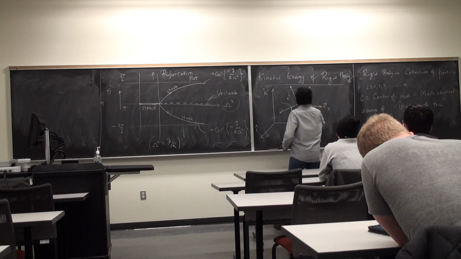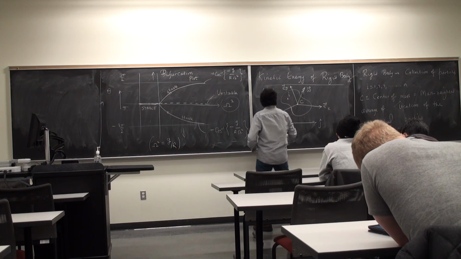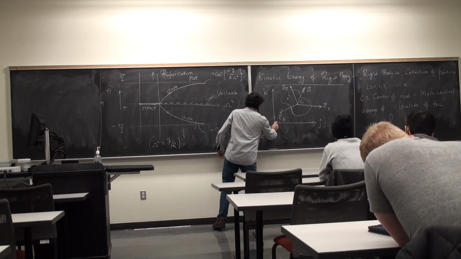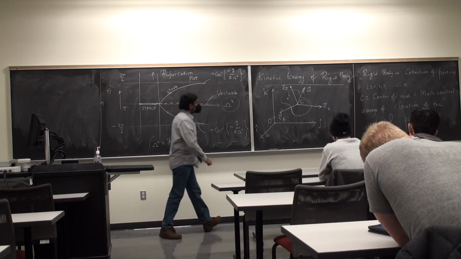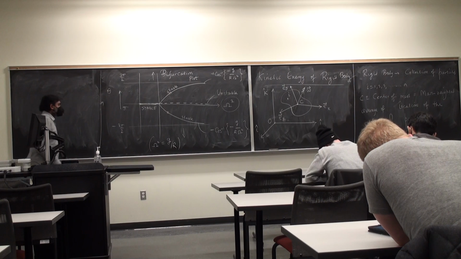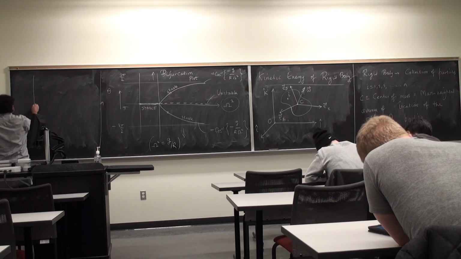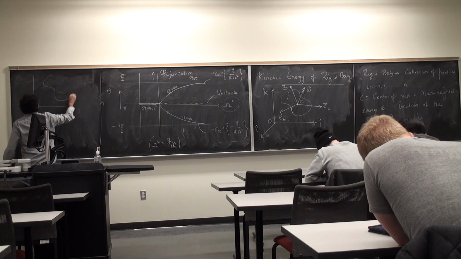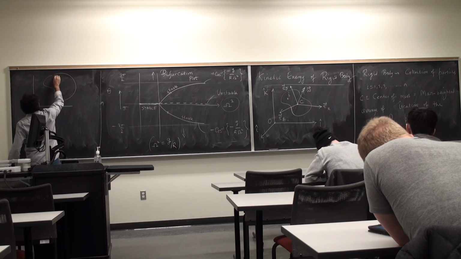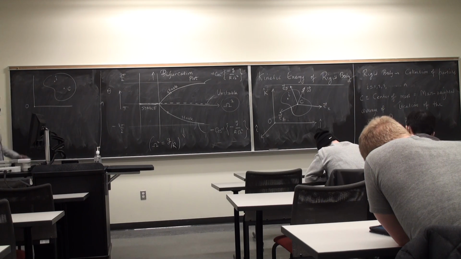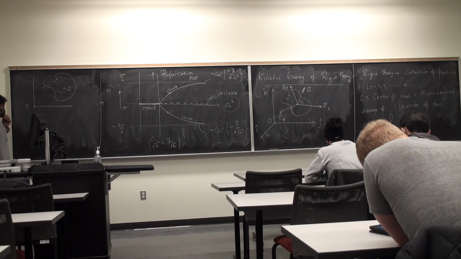So dx, dy, dz. Okay, this is a fixed observer frame. I'm going to draw some position vectors.